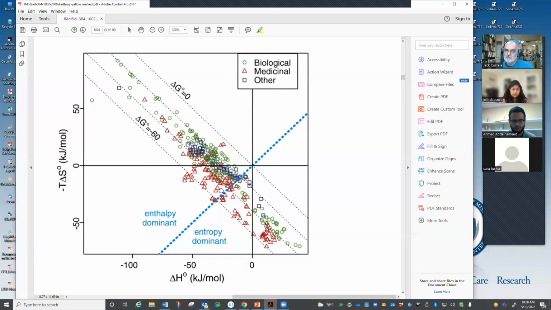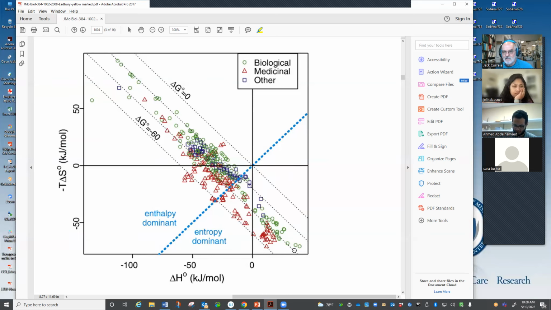Most of the drugs are enthalpic. Some of the drugs are entropic. The range of affinities is basically in between -20 and -40 and -60 kilojoules, okay, for free energy. There's a wide range in enthalpy and entropy.